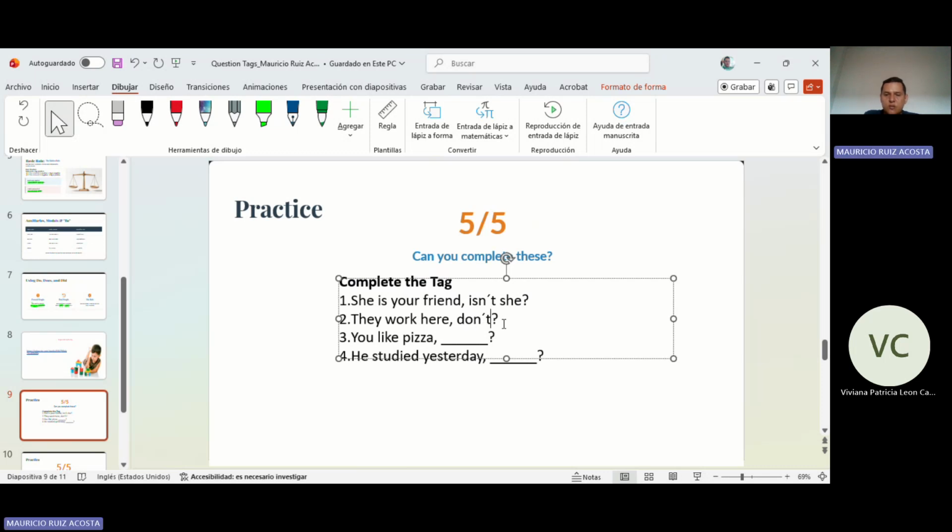In the negative way, don't they? And the third one, for example, "You like pizza." We also use the verb do, don't, because it is in a negative way, and you.